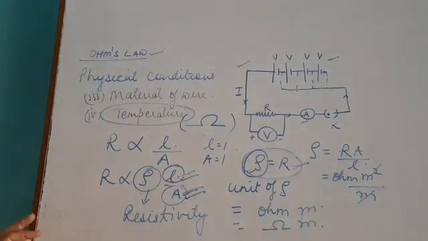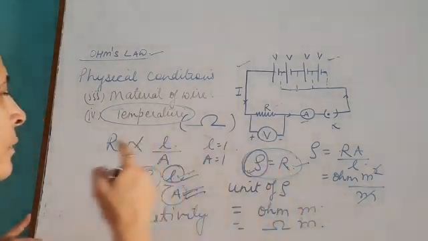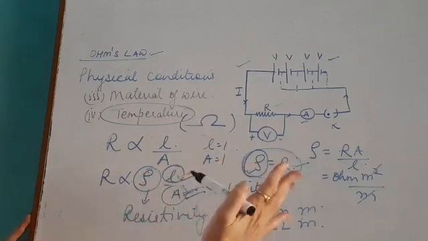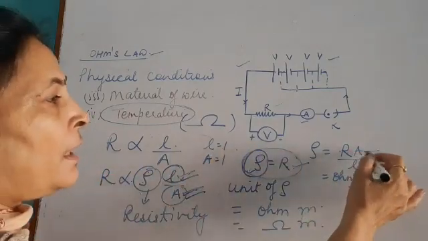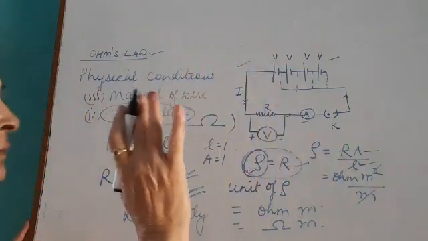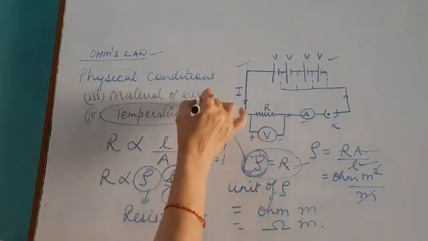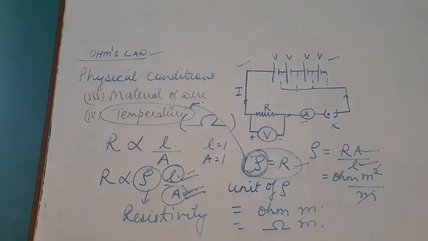Ohm meter. Alright. And now you can see from here, we had already talked about that resistance depends upon 4 factors. But now you see resistivity, A and L has been fixed. So resistivity will depend only upon these 2 factors: material of the wire and temperature.